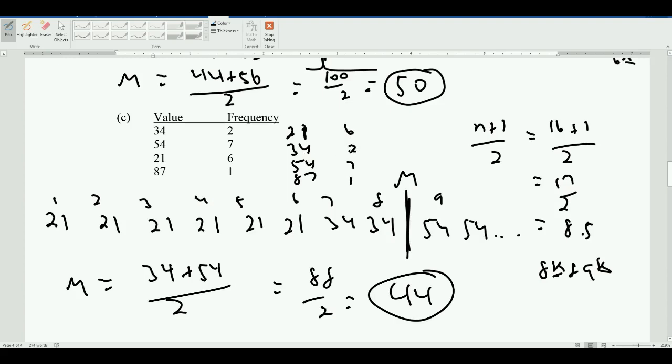So my last 34 is the 8th position, and the first 54 is the 9th. I haven't had to write it all out, just by counting: 6 plus 2 is 8, and then one more is 9. So the 8th one's 34, and then I start writing the 54s, which means I would use 34 and 54 to find the median. Or, like I said, list them all out in correct order.